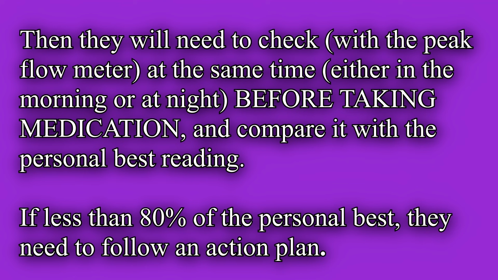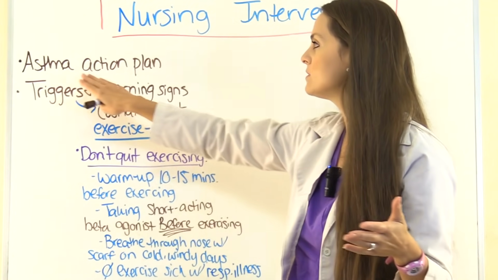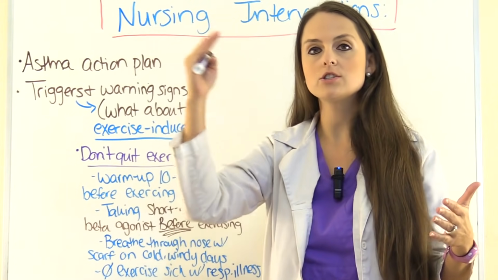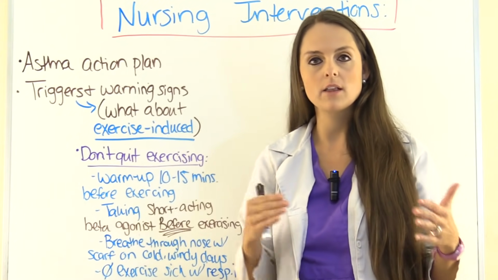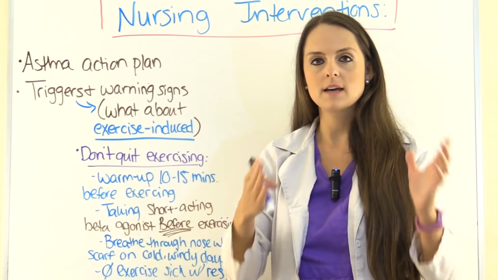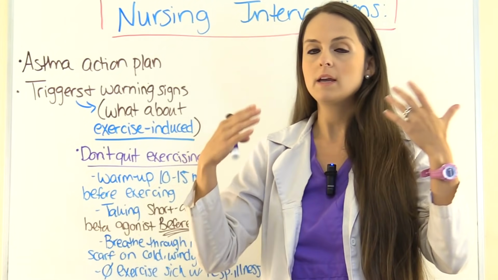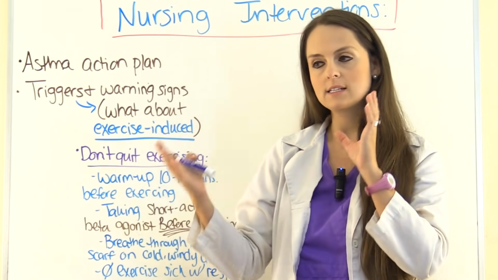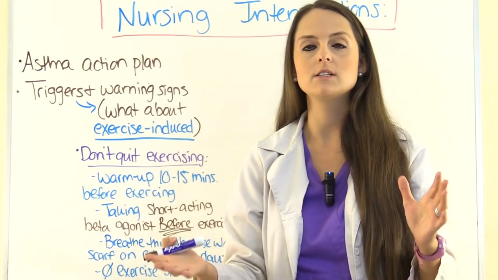Generally, if it's less than 80% of their personal best, they'll want to follow the action plan that they developed with their doctor. So you're going to educate your patient how to follow the asthma action plan, and you're going to go over each zone with them, the green, the yellow, and the red, and explain those signs and symptoms, what their peak flow meter reading is, and what they need to do, what medications they need to take, and how often, according to whatever the physician wrote.